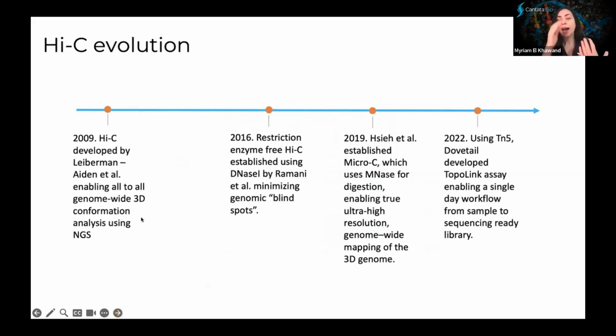So as I mentioned, the Hi-C method was developed by Lieberman-Aiden et al. in 2009 and revolutionized how you're capturing the interactions that are happening in the 3D genome because it's hypothesis-free and you're really able to cover the entire genome. But it also had some limitations, mainly because the chromatin was digested with restriction enzyme.